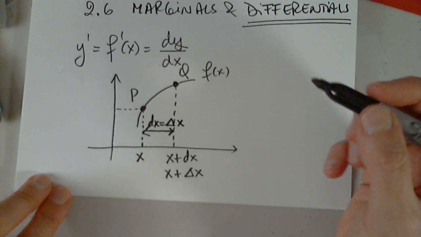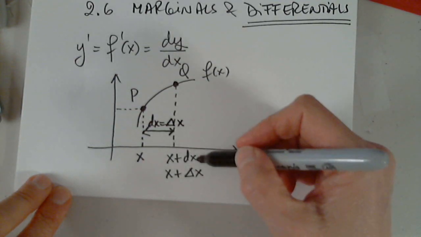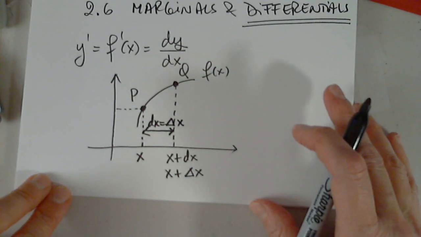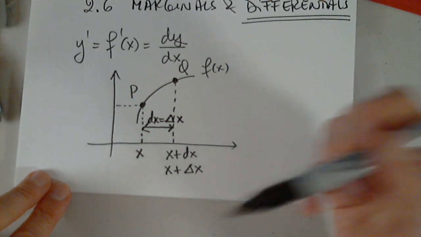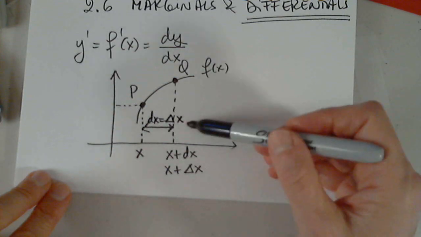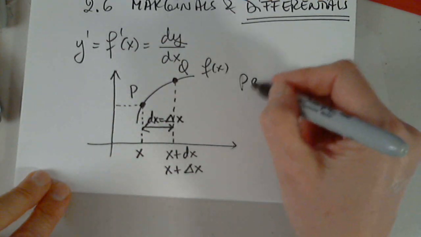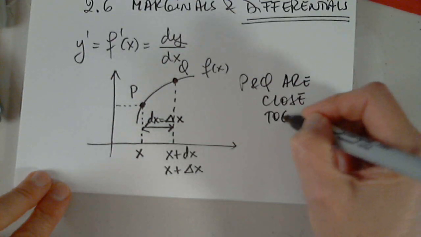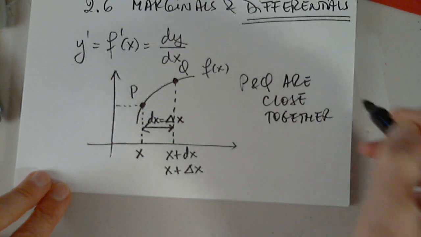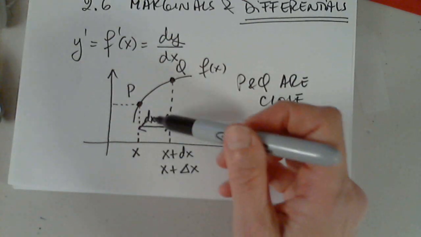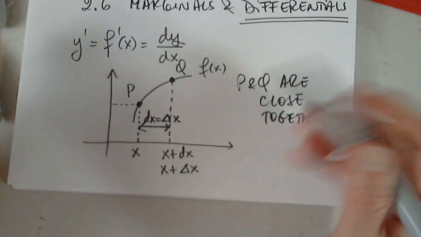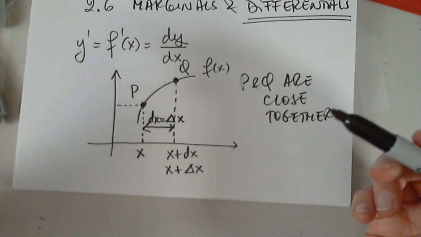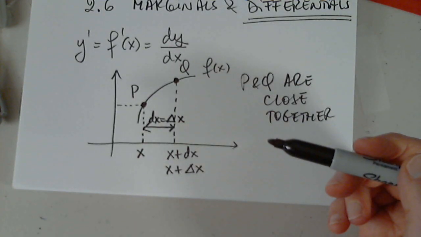So take it as a minor error. Just imagine that P and Q are close together, so dx and delta x are the same. It's a small number, 1 or below.